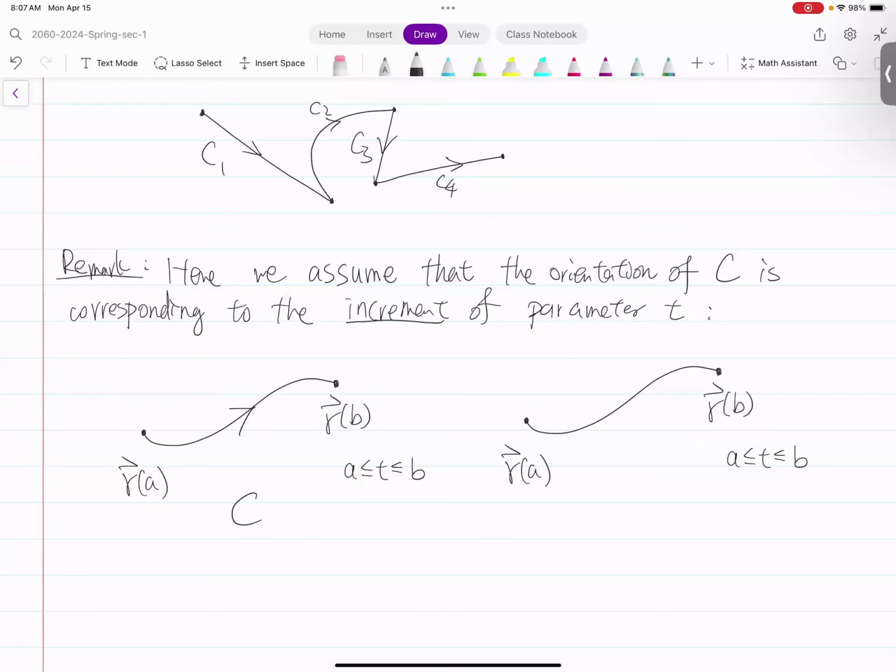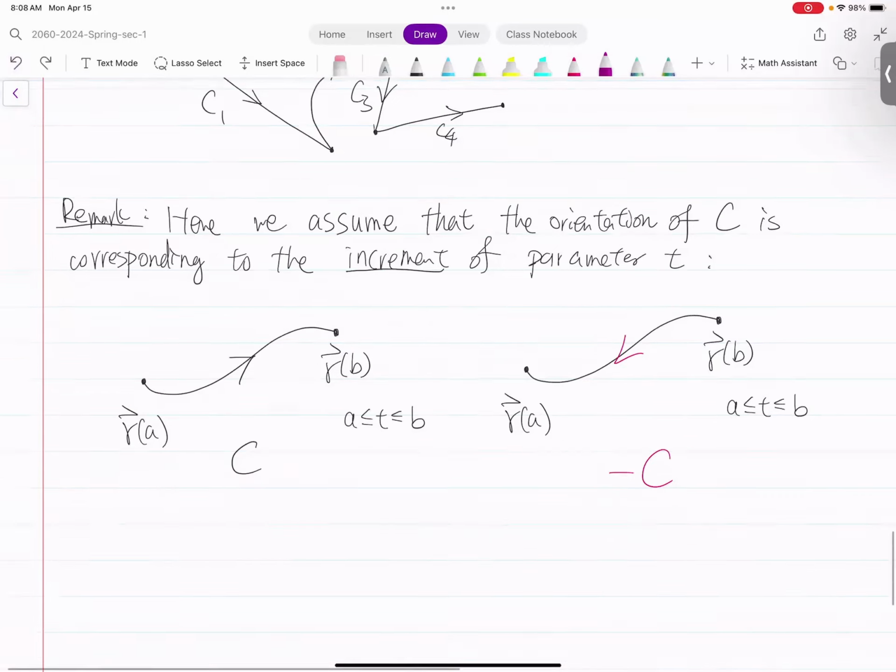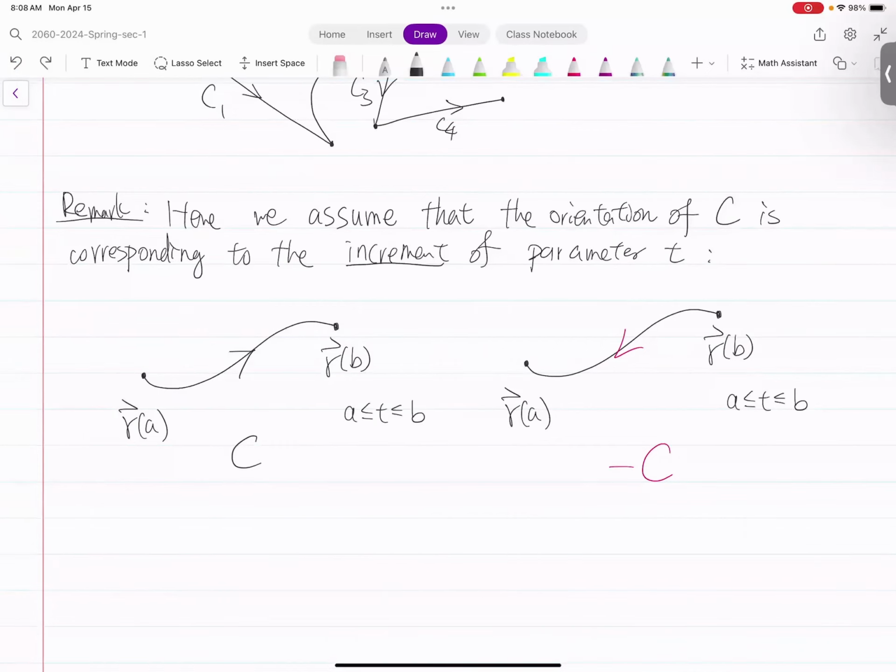And if you just negate the direction, this is going to go from the right to the left, like this. So this is actually the negative direction of C. And you can think about it as a different parameterization, right? Because essentially, r of a, r of b, so it goes all the way to the right. But if you do it in a different parameterization, you can think about making, let's say, u equals a plus b minus t.